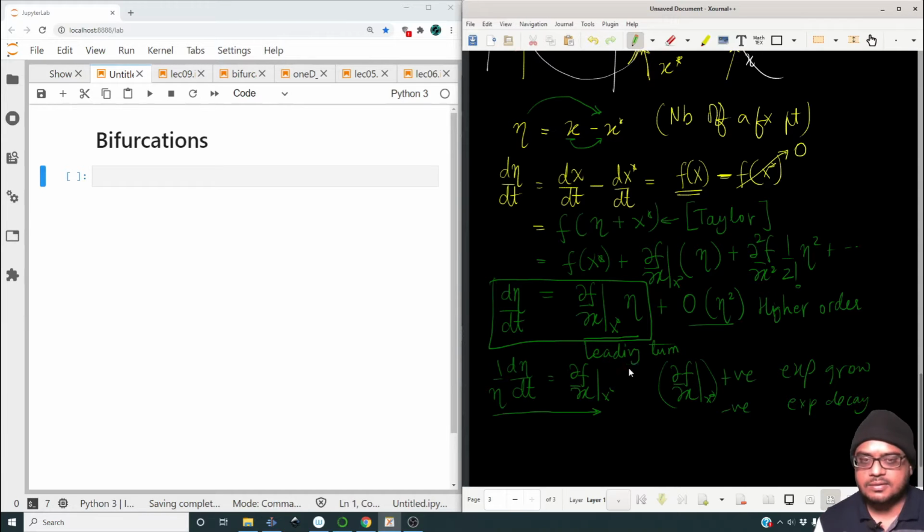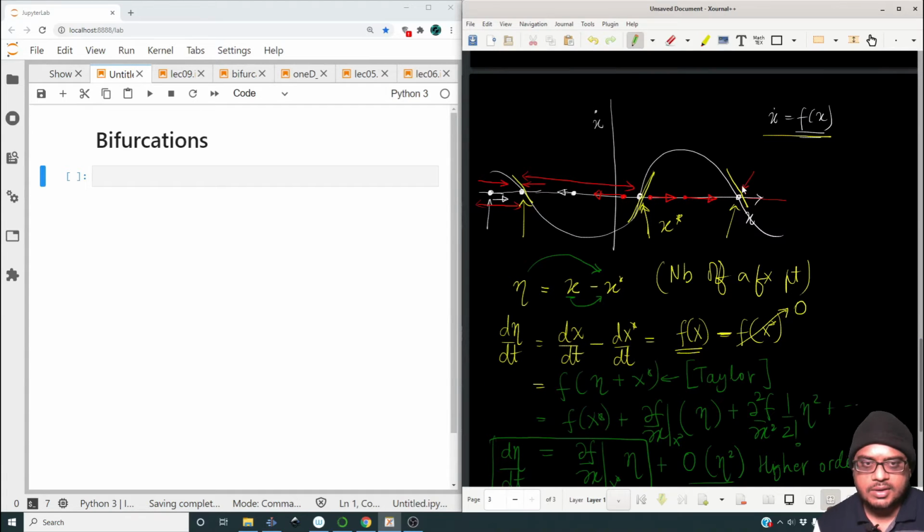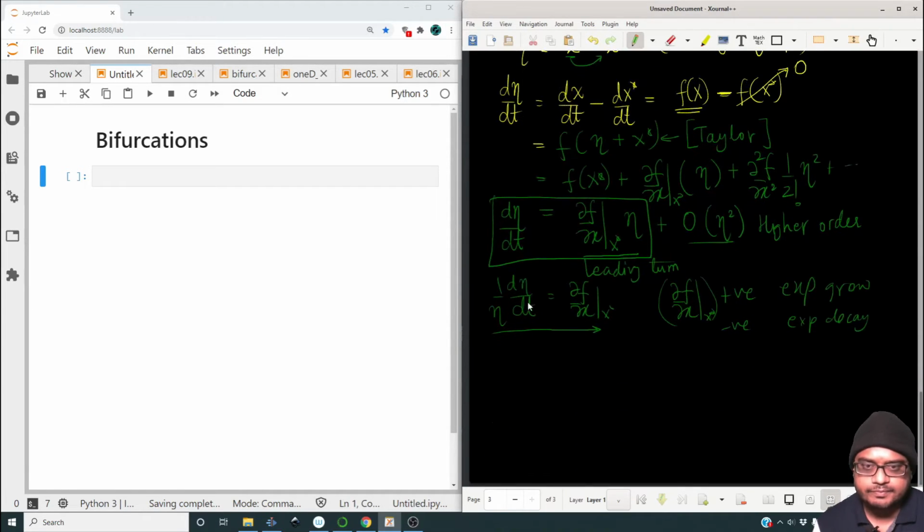And this is what we have physically seen over here. Here del f del x, so f prime x at this fixed point is negative, and so this is an attracting point because points nearby will decay, that is eta will reduce from this equation. As time increases, eta will reduce when del f del x is negative.